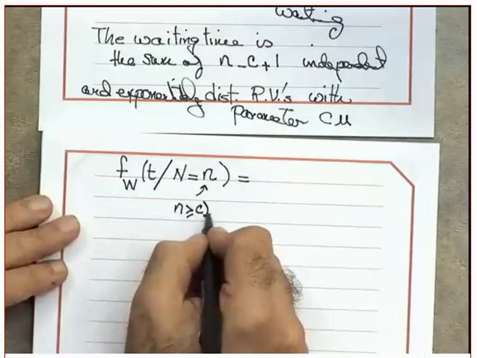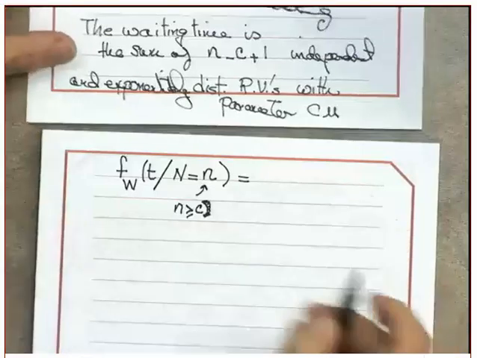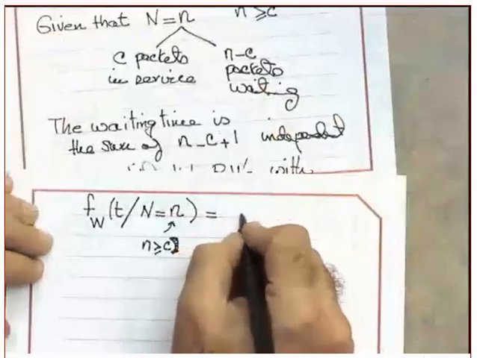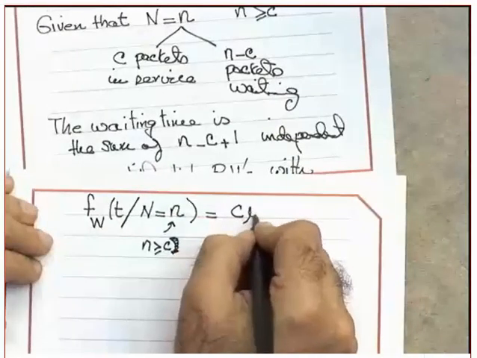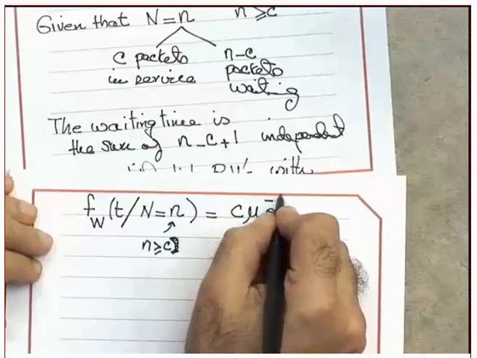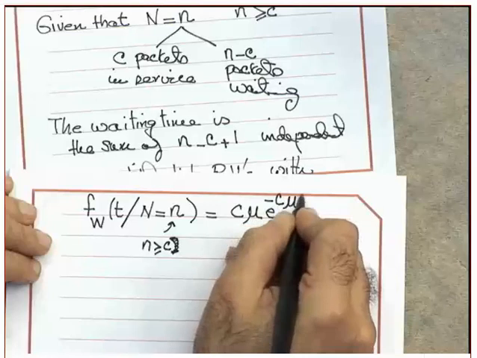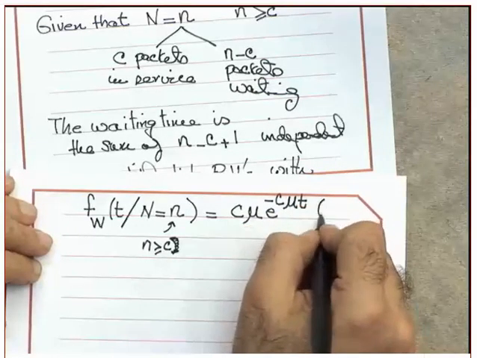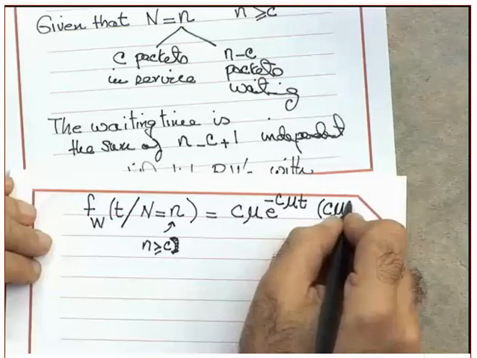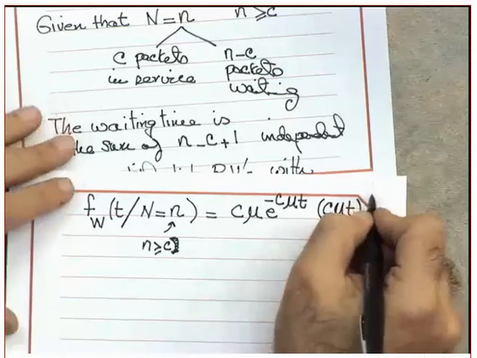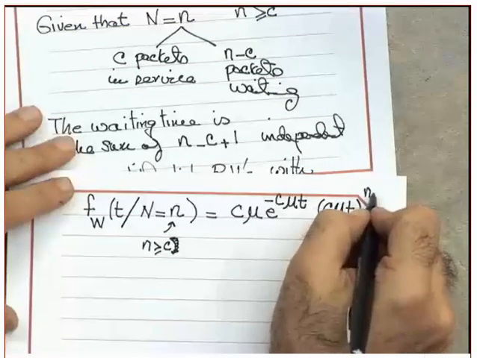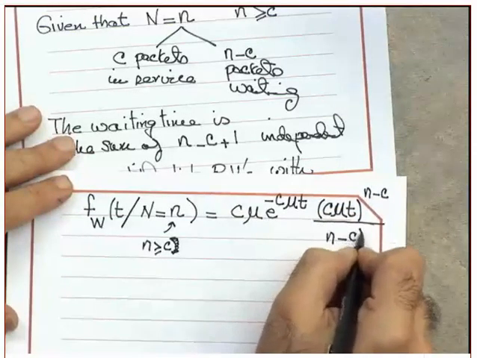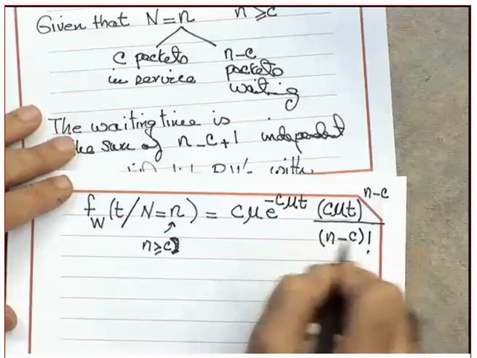It's gamma. You remember the gamma? It's C mu e to the minus C mu t, times C mu t to the N minus C over N minus C factorial.